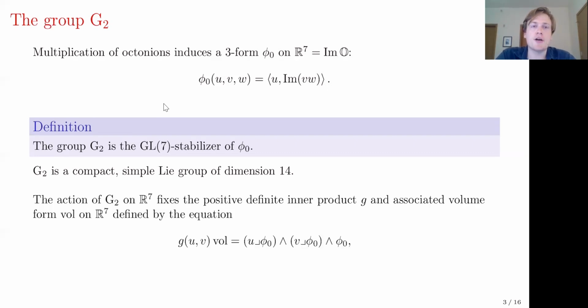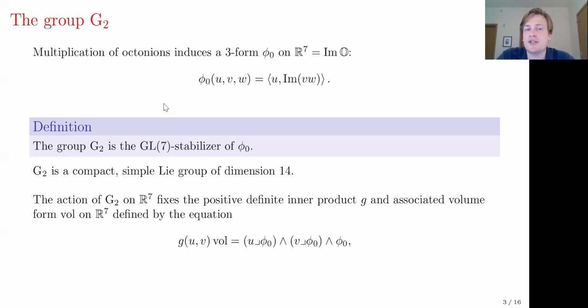Okay, now we can say a little bit more about G2. The action of G2 on R7 fixes a positive definite inner product g, and an associated volume form, which I'll call vol, which should also be the volume form of g.